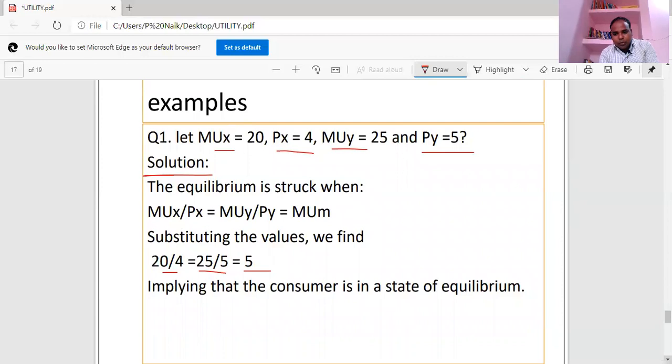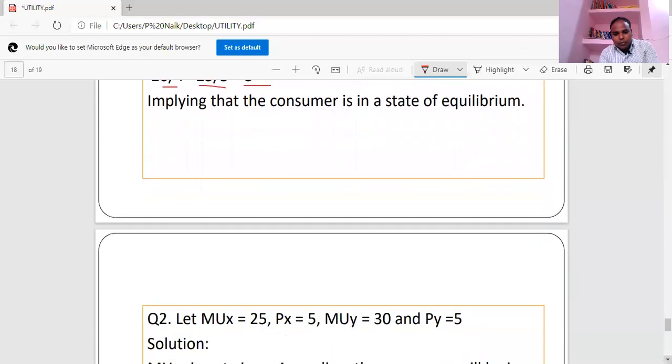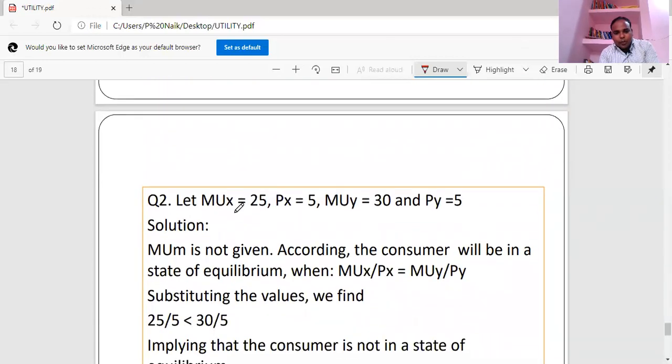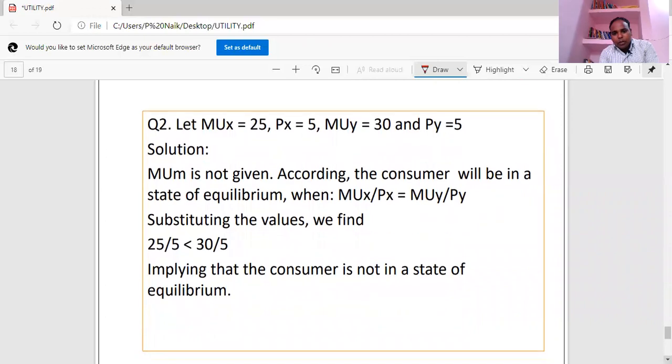But in the second example, look here. Let MUx equal 25 and Px is 5, MUy, marginal utility y, equal 30, and Py equal 5. Solution: marginal utility of money is not given here. The consumer will be in a state of equilibrium where marginal utility x upon Px equals marginal utility y upon Py.